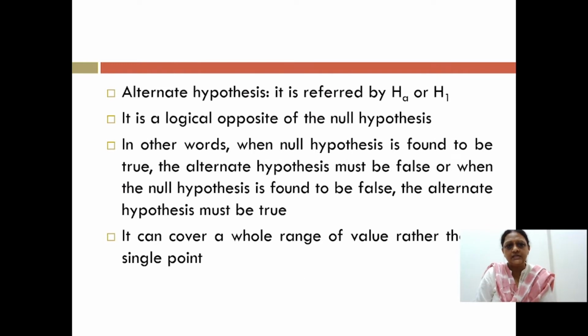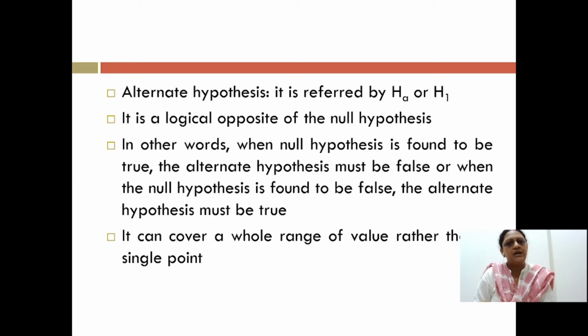The other part of the hypothesis is the alternate hypothesis. Symbolically, it is represented as HA or H1. It is a logical opposition of the null hypothesis. So if I say there is no change in the sales because of the promotion campaign, what is the opposite of it?